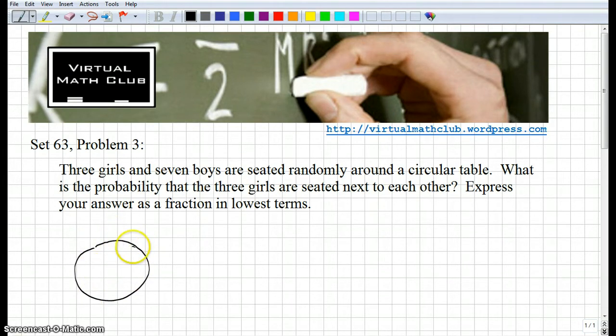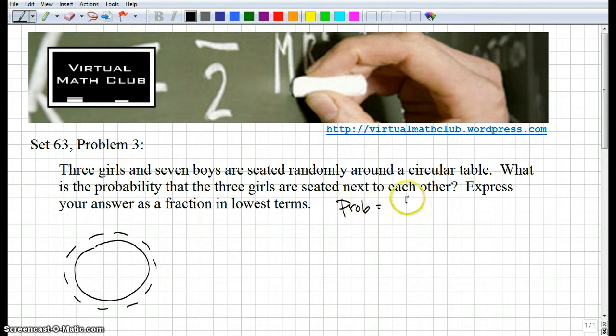Alright, so there's our circular table. We've got a total of 10 kids, so let's assume we have 10 chairs around this table. 1, 2, 3, 4, 5, 6, 7, 8, 9, 10. So there's our 10 chairs around the table. And let's first of all look at probability.